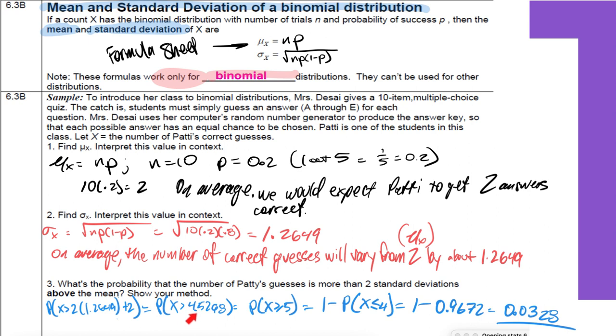She can't get 4.5298 questions correct, that's not possible, so we choose the nearest possible answer. Getting 5 or more is the only way she can be more than 2 standard deviations above the mean. We do that by doing 1 minus the probability that she gets 4 or less correct, which is 1 minus 0.9672, which is 0.0328. It didn't ask for context, just the number.